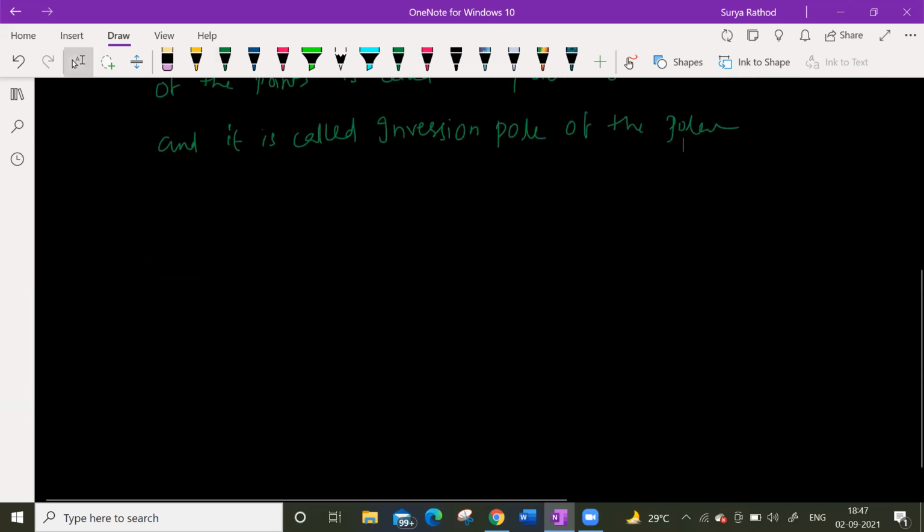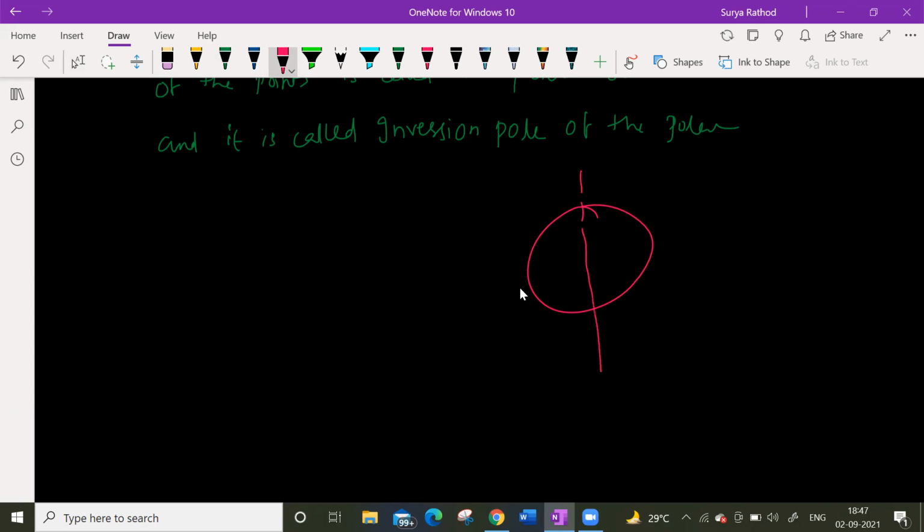Basically, look at this. If I have a circle, one line is passing through this circle. Let us say this is point A. Understood? Here take point B. Clear?